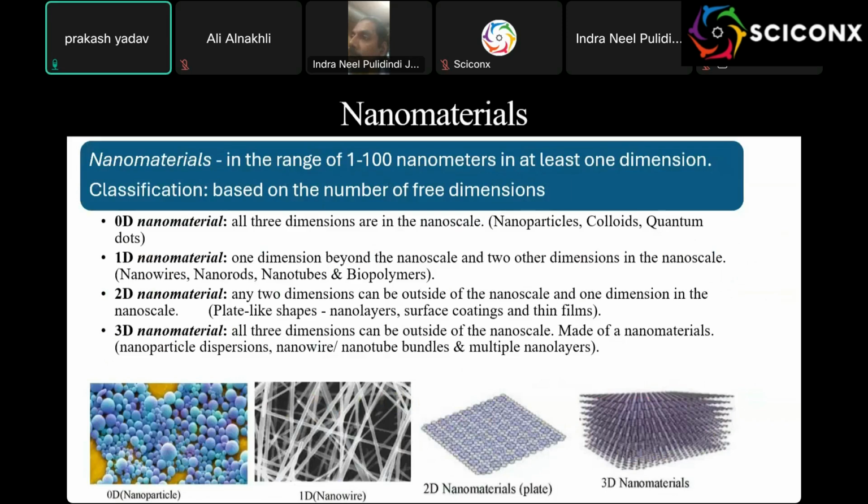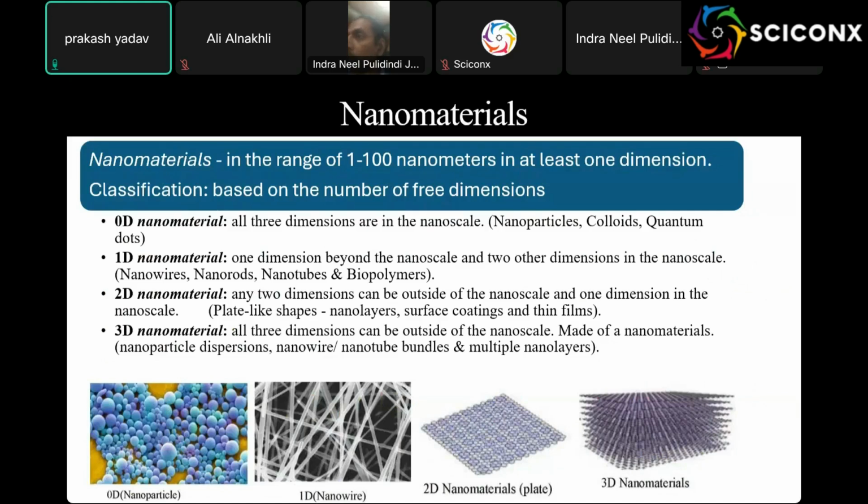After that, I discuss 1D nanomaterials. One dimension is beyond the nanoscale, and two dimensions are at the nanoscale. When we talk about nanowires, nanotips, and nanorods, we clearly see that we expand them in one dimension, the z direction, beyond the limit of the nanoscale, but we cannot expand them in the other two dimensions.